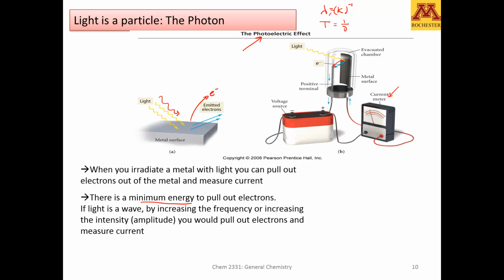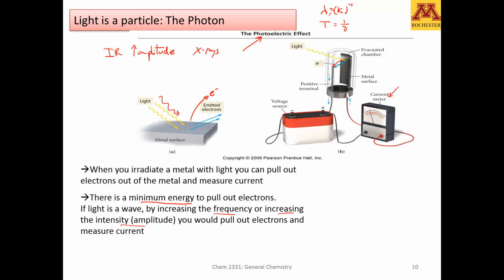Something that is characteristic of waves is that if you increase the frequency or increase the intensity or amplitude, you can pull out electrons. So this means that if you were to take infrared light and increase the amplitude, that would become as energetic as X-rays to some extent.